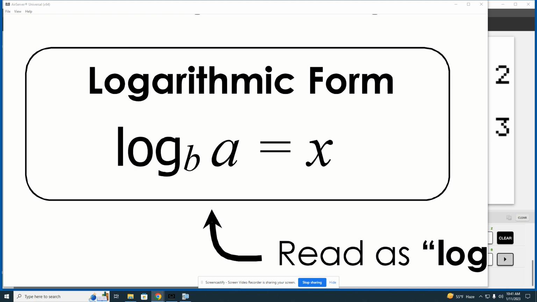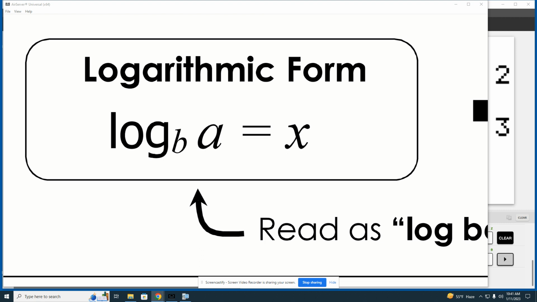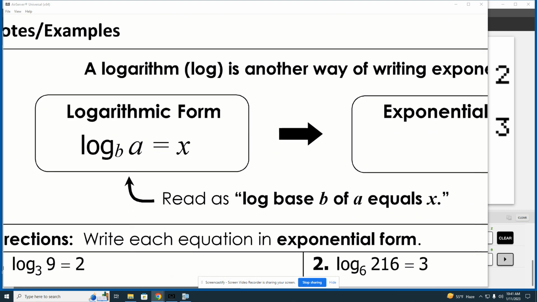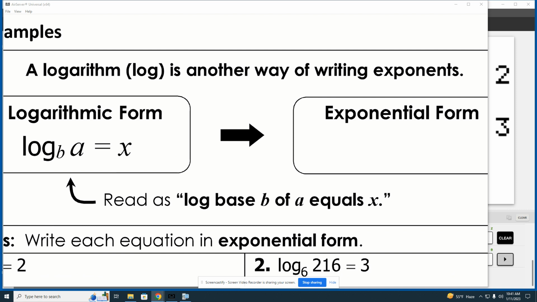The base is the trigger. If I want to take a logarithm and rewrite it as an exponential equation, that base is my trigger. So if I take log base b of a equals x and rewrite it as an exponent, the base of my log becomes the base of my exponent.